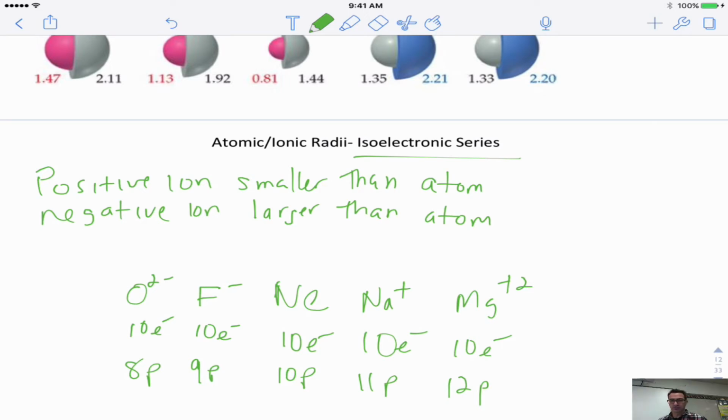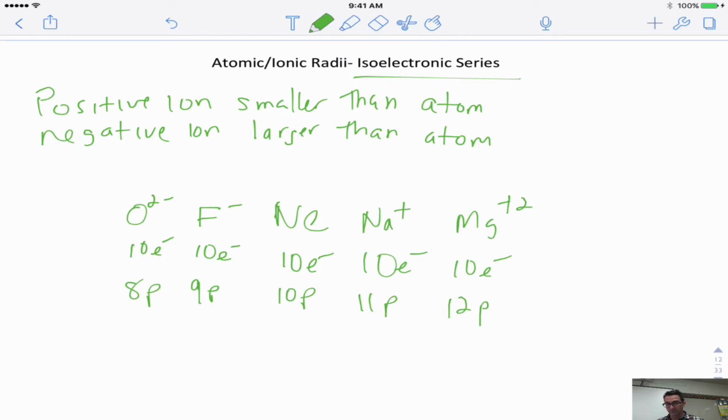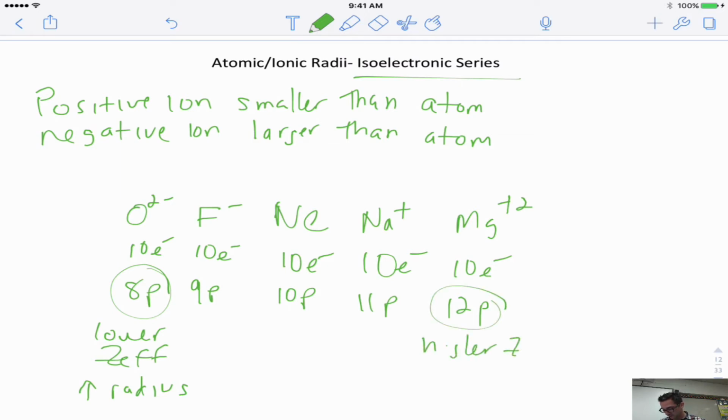What's nice about this isoelectronic series is that it makes it really easy to compare their relative radii. Something that has 8 protons has a lower Zeff, and so it has a bigger radius. Compared to magnesium 2 plus, which has lost those 2 electrons, it has a higher Zeff. Those 12 protons pull on those electrons more, so it would have a smaller radius.